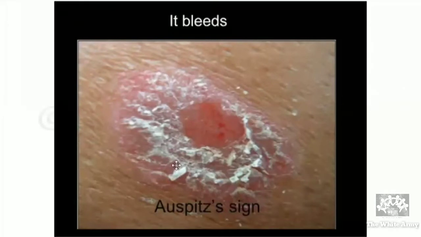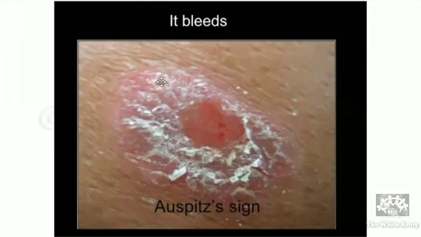When you scratch, the scales can be removed easily, and when you keep rubbing the lesion, the scales are removed, and there will be a clear membrane, and you can see a few bleeding spots from there. Those bleeding spots are nothing but the dilated capillaries.